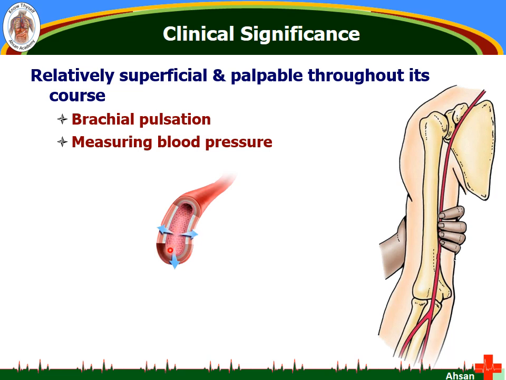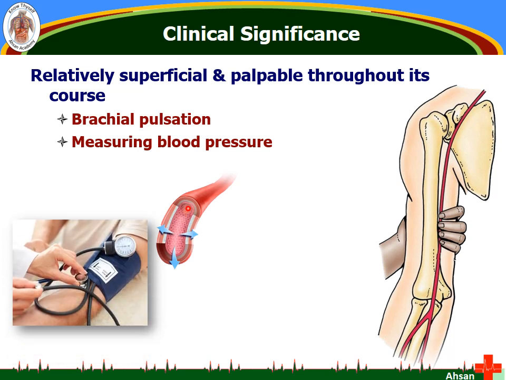Blood pressure is the pressure exerted by the flowing blood over the wall while flowing through it. This pressure always tries to keep the artery dilated, and we can feel the pulsation.